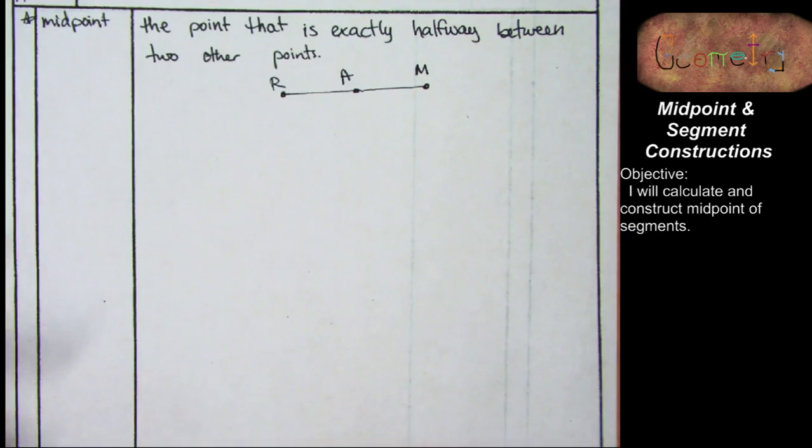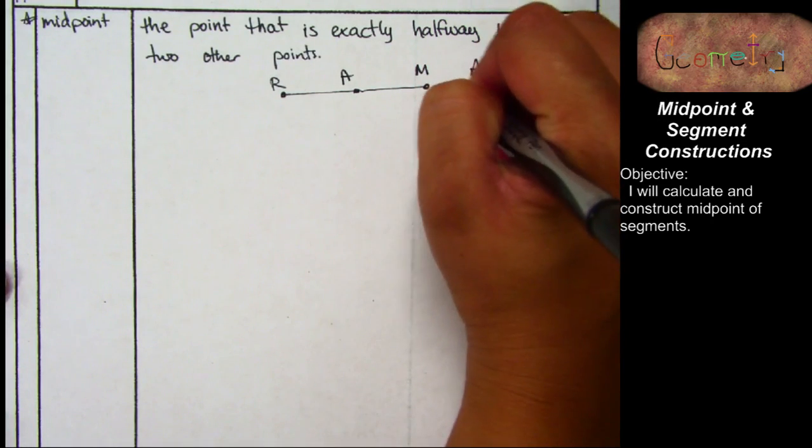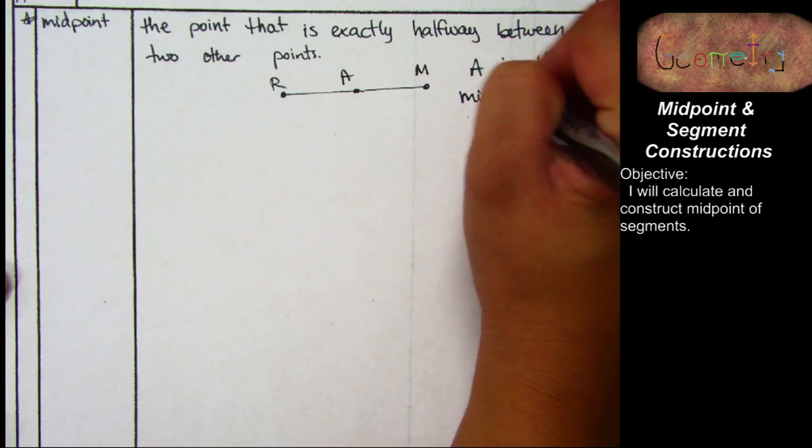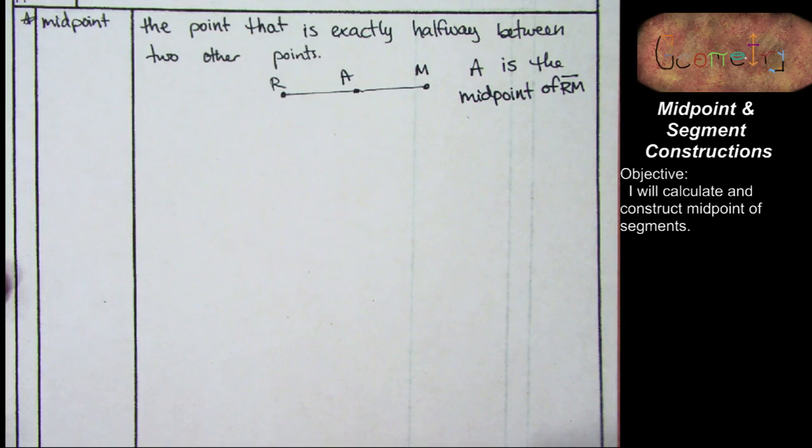If we wanted to say that A was the midpoint for this line segment, we would write and say it this way: A is the midpoint of line segment RM. That is how we say it and write it, provided A is exactly halfway between those 2 points.